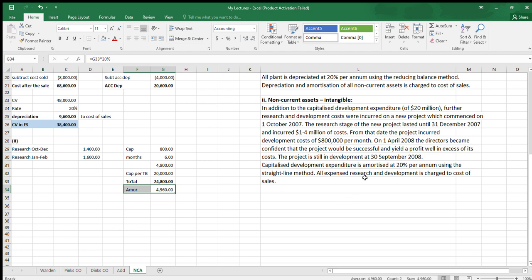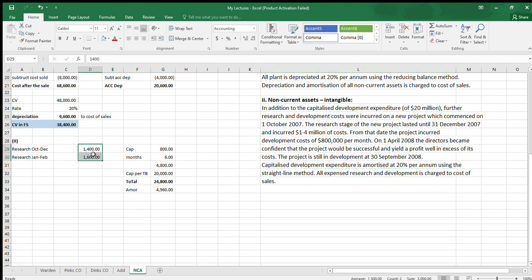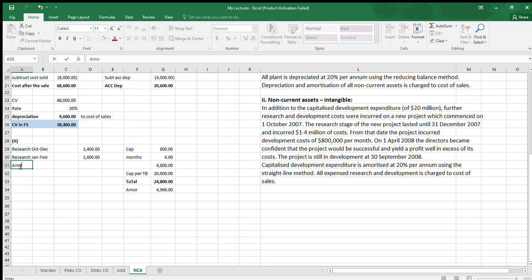And now the question will say that all expensed research and development is charged to cost of sales. So these are the research and development which is supposed to be expensed. So this will go to the cost of sales. And remember, they say that depreciation and amortization is charged to cost of sales. So our amortization too is here, which is 4,960.